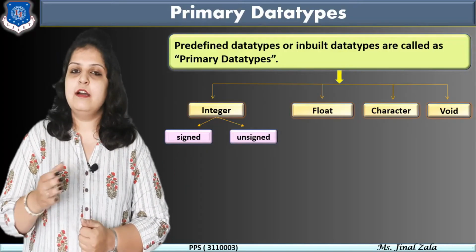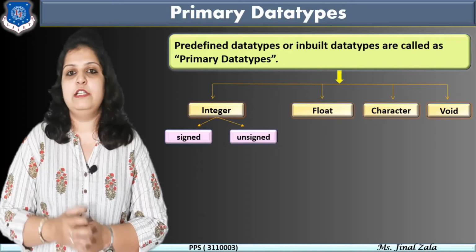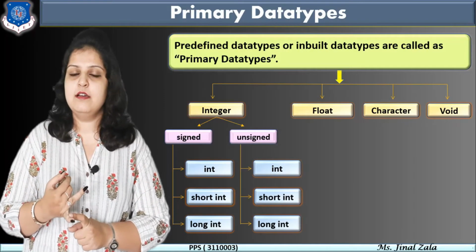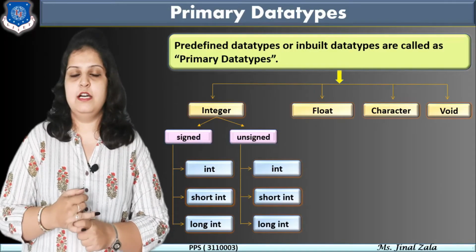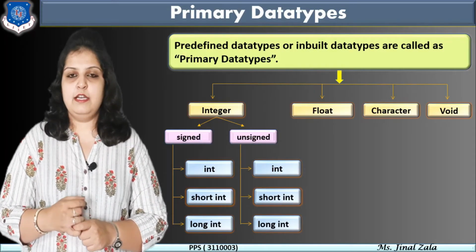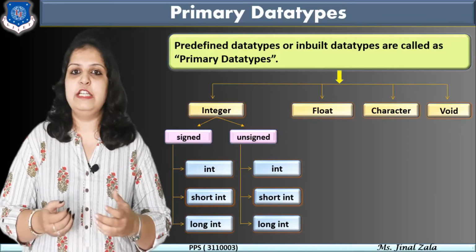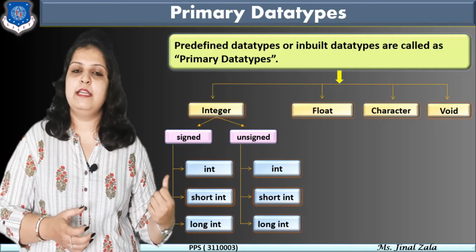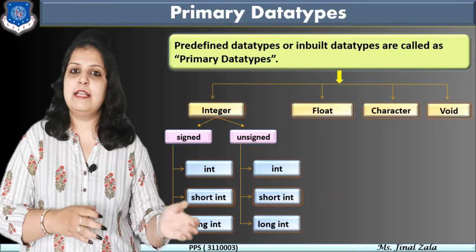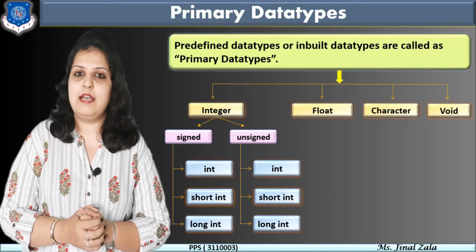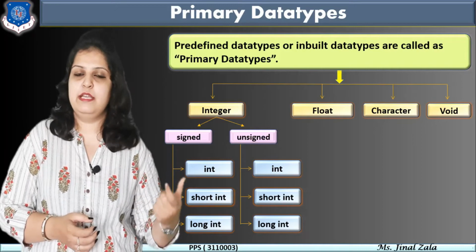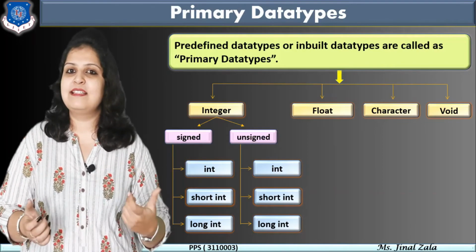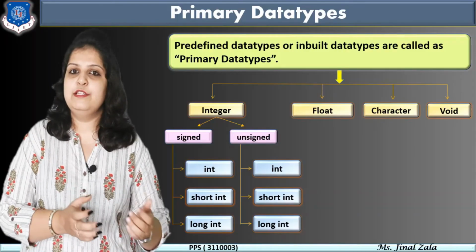Signed and unsigned integers are also divided into 3 categories: first is integer, second is short integer, and third is long integer. We will see later how short integer and long integer work. This part is considered its range value: we can store small numbers in short integer, and in long integer we can store the maximum integer value.